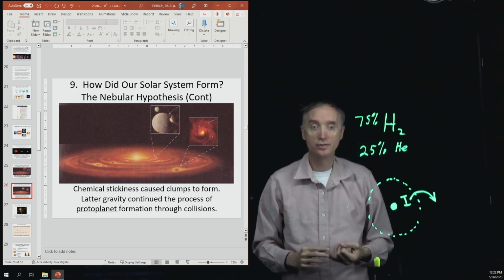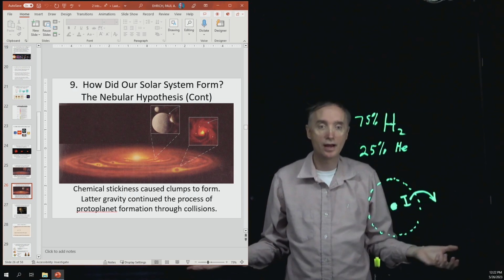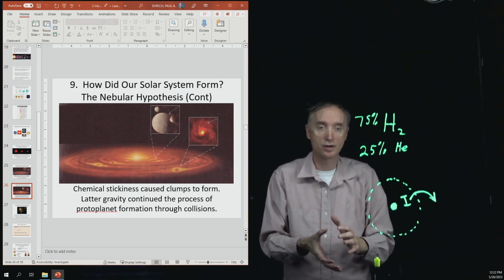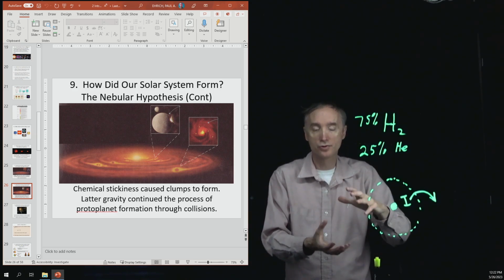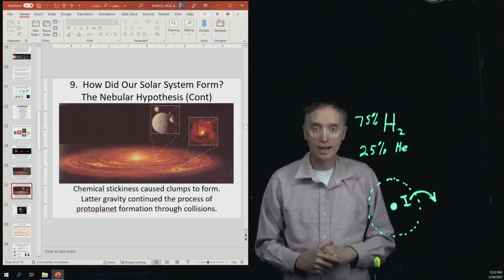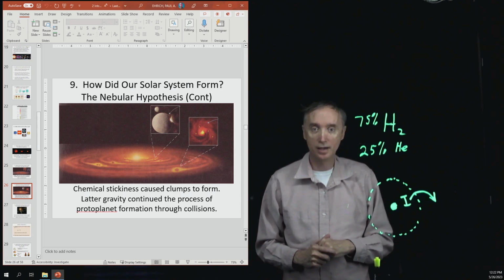And then that's going to turn into millions of particles that are going to be the size of a house. So every time these things are colliding with each other, you're ending up with a larger and larger object, and eventually we're going to make planets from this. And we're going to call them protoplanets because they're not quite planets yet, but they're in the process of being formed.